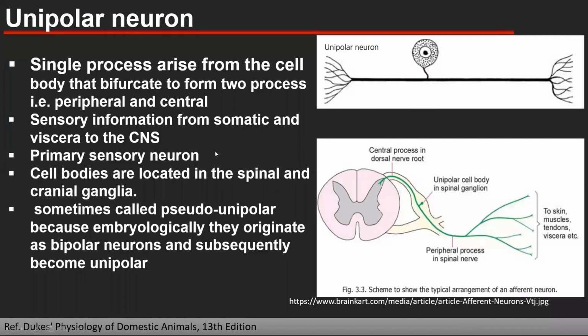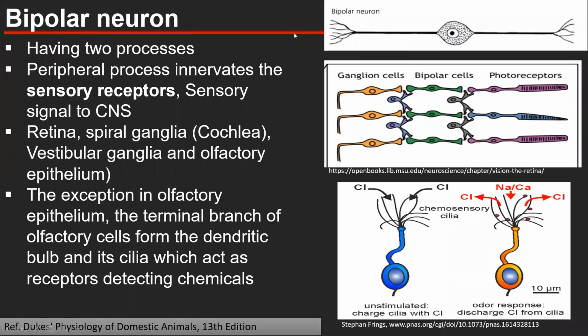So next, a bipolar neuron. Bipolar neuron has two processes. This bipolar neuron we can find in the retina, then cochlea, spiral ganglia, vestibular ganglia, and olfactory epithelium. And these peripheral processes attach with the sensory cell.